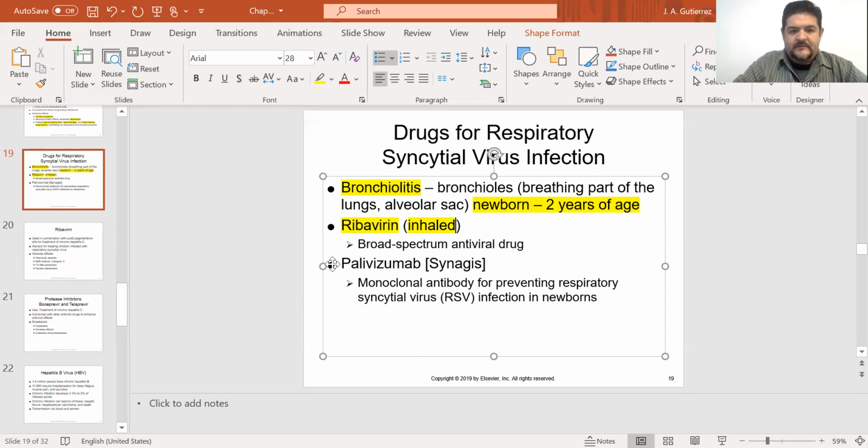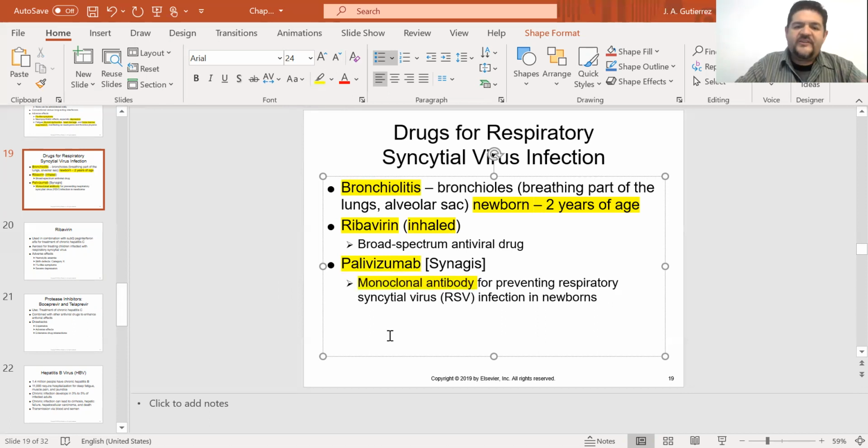The other one that we use for this type of infection, for respiratory syncytial virus infection, is palivizumab. And I already mentioned in a few chapters, MAB, monoclonal antibodies.